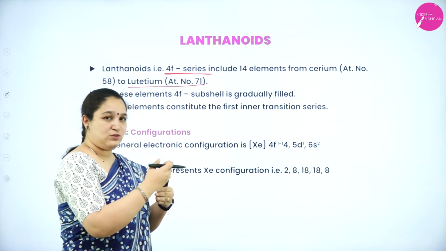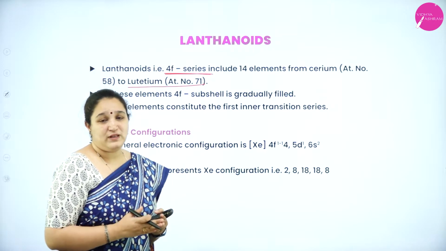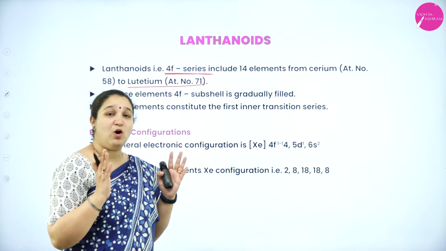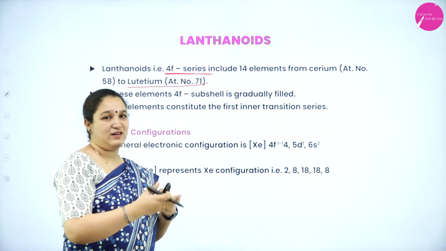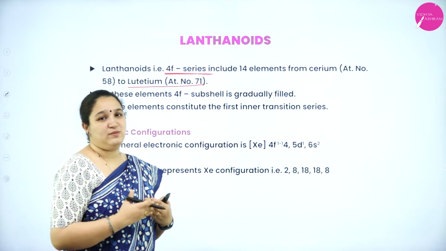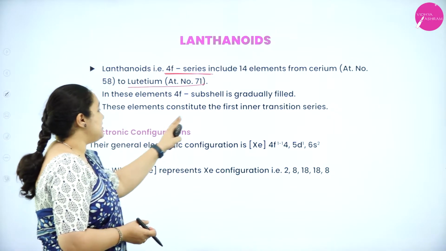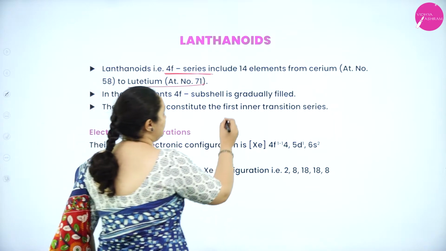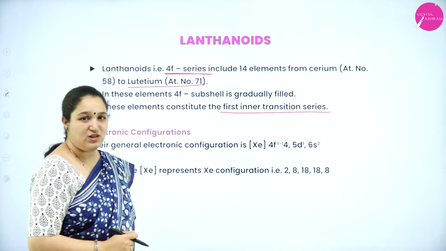We know that the F orbital can take up a maximum of 14 electrons. So each electron gets added to the F orbital, and these 14 elements we call lanthanoids. These elements constitute the first inner transition series.